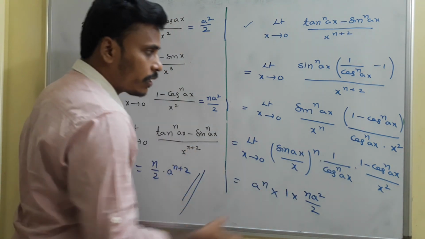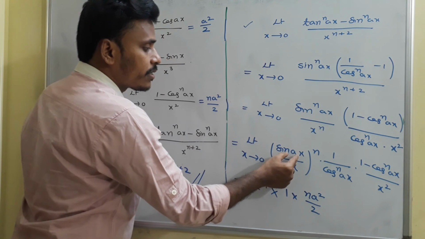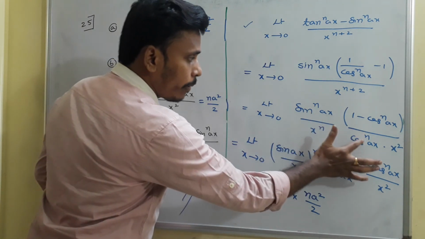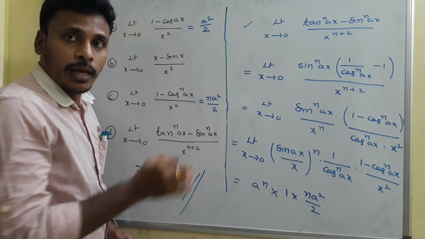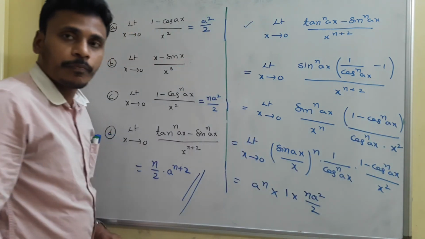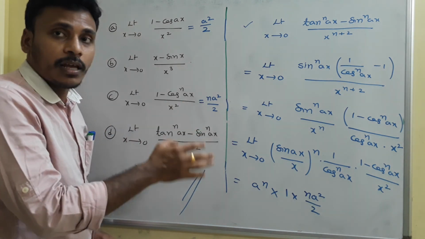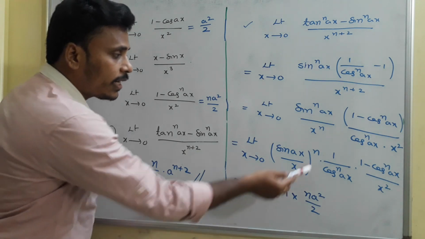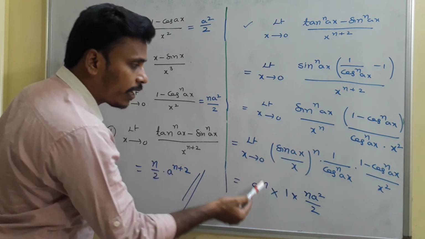Now for our comfort, you just express it like sin ax by x to the power n into 1 by cos power n ax into 1 minus cos power n ax by x square. Just observe it. We are splitting into the known comfortable forms, okay? And its value is a to the power n.